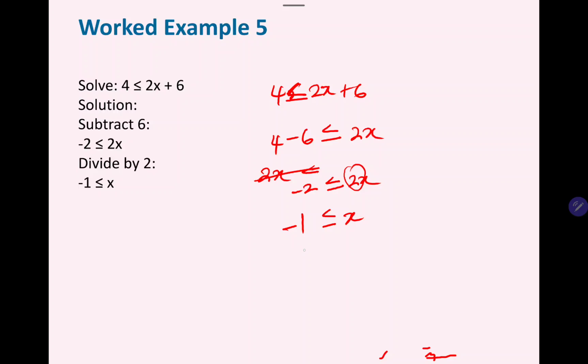It's not negative. So what it means is x is equal to minus 2 over 2, which is minus 1. Minus 1 is less than or equal to x.